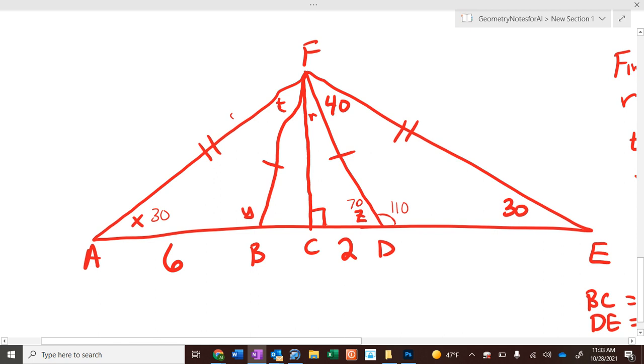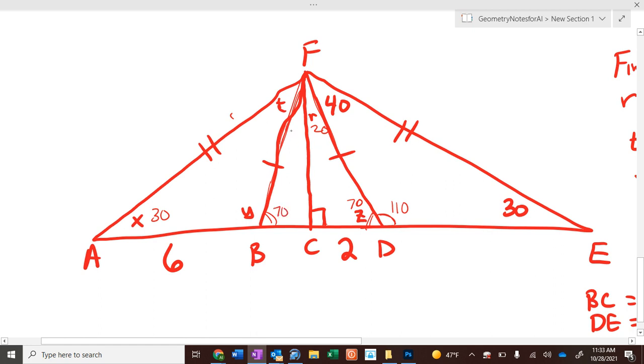And now I have a 70-degree angle and a 90-degree angle. 70 and 90 add up to 160. So how many more degrees do I have to go till I get to 180? 20 degrees more. Now, because this little inner triangle right here, since that is an isosceles triangle, if this is 70 down here, then this angle right here is 70.